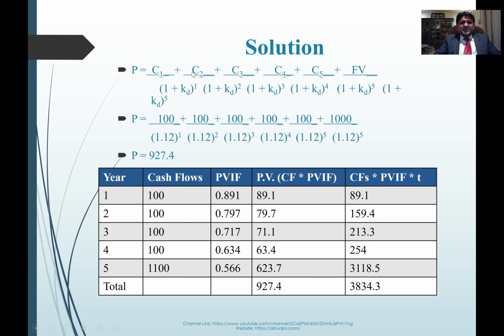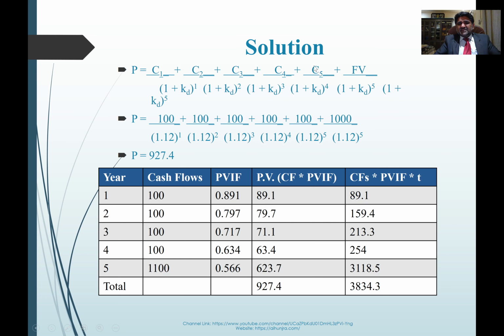For the second time period, the coupon amount of the second year divided by 1 plus Kd raised to the power 2, and for coupon payment 3, C3 divided by 1 plus Kd raised to the power 3. For the fourth year, the coupon payment divided by 1 plus Kd raised to the power 4. For the fifth year, 1 plus Kd raised to the power 5, and plus face value divided by 1 plus Kd raised to the power 5.